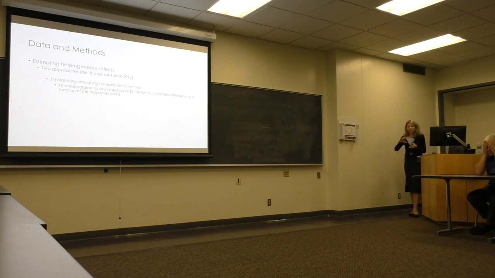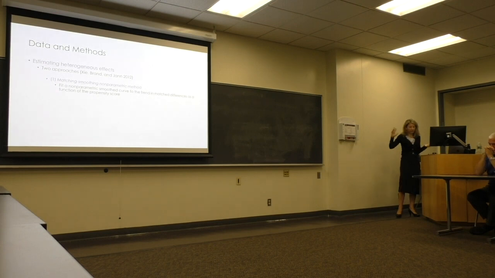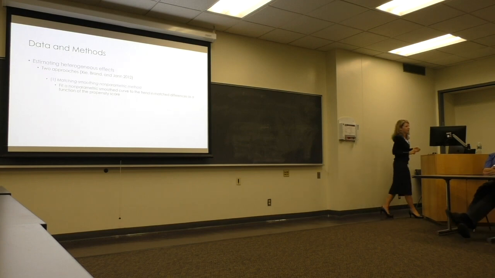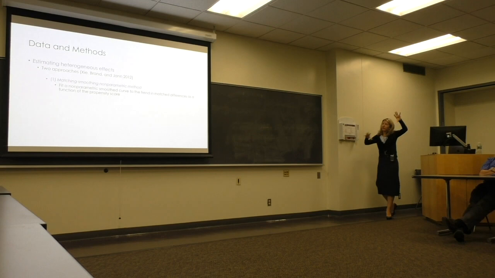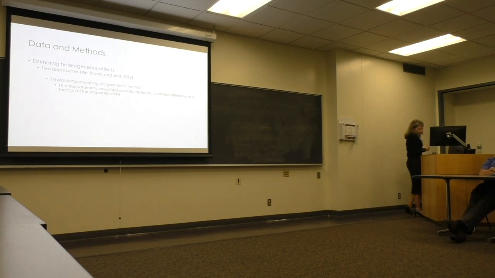We plot those observed differences in the pair between a treated unit and an untreated unit against a continuous representation of the propensity score. You'll see how this looks once you see the results. And then we use a non-parametric method, local polynomial smoothing, to smooth the variation in match differences to obtain the pattern of treatment effect heterogeneity along the propensity score. So we'll see the variation in effects across that propensity.